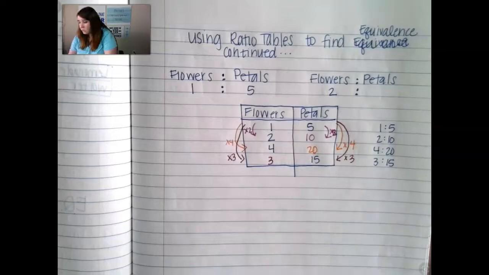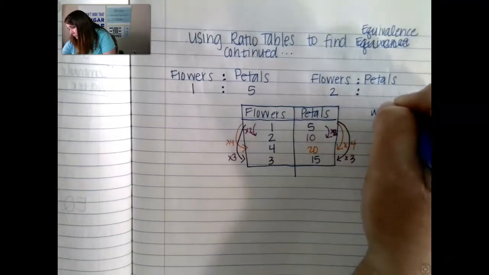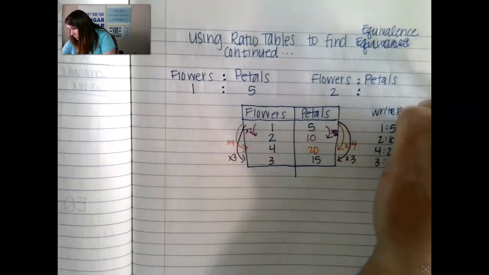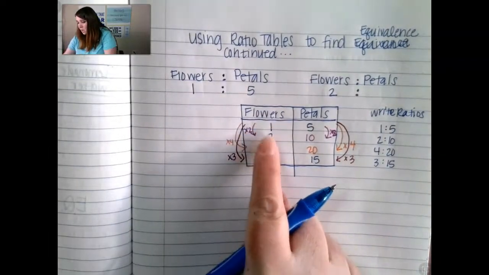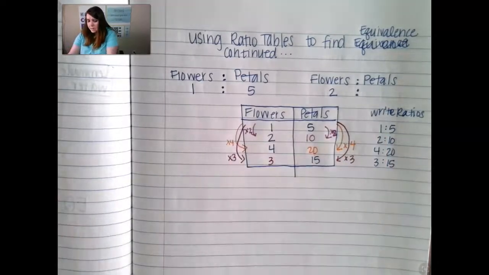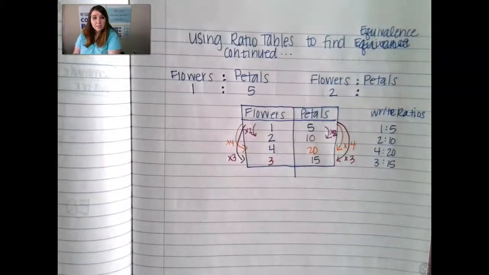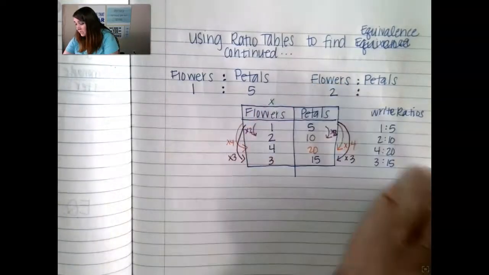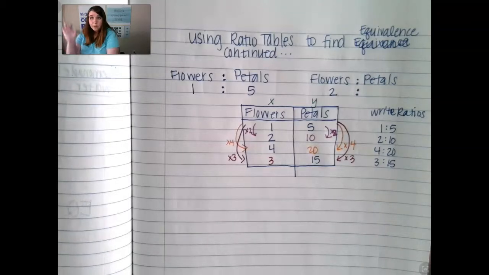So this is writing the ratios from the table. Instead of going from the top to the bottom, you would just go from side to side. Now, if we were going to graph these, because eventually you can graph these things, this would be your X column, and this would be the Y column. But we're not going to talk about that right now because I don't want to confuse you.